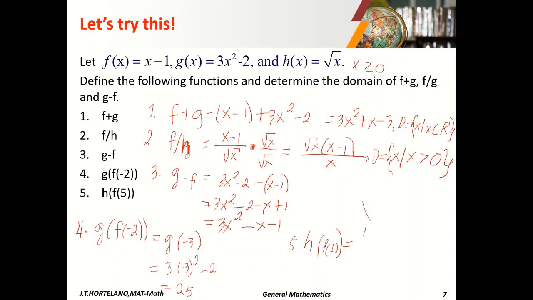Then, we can replace h of f of 5 by h of 4. Yeah. So, what is the function h? The function h is square root of x. So, this will become square root of 4. And what's square root of 4? Square root of 4 is 2. Okay? So, we're done for this problem.